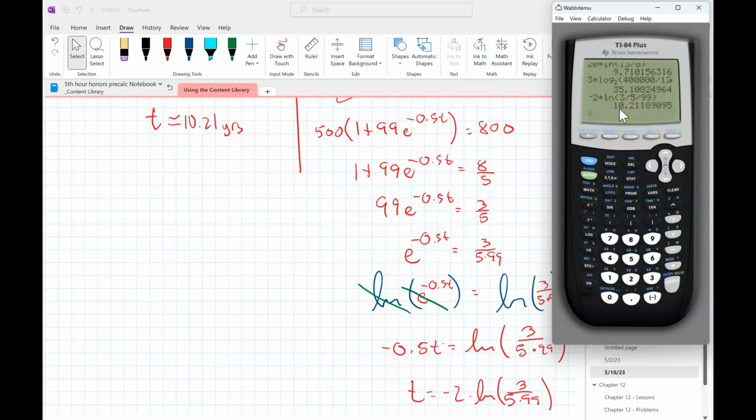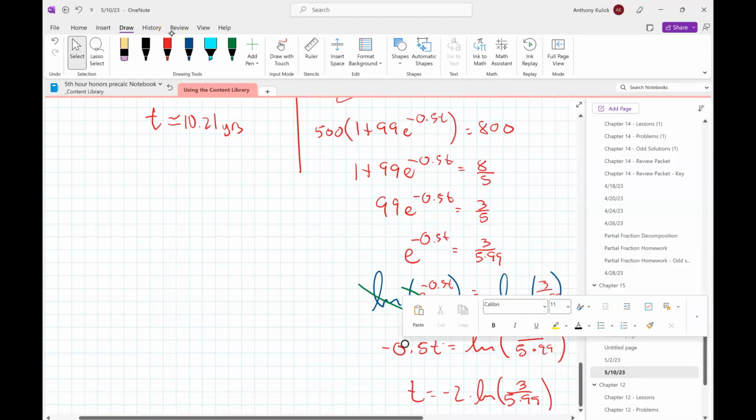And again, I get that same 10.21-ish. We feel okay? Yes, of course. Yeah, no problem.